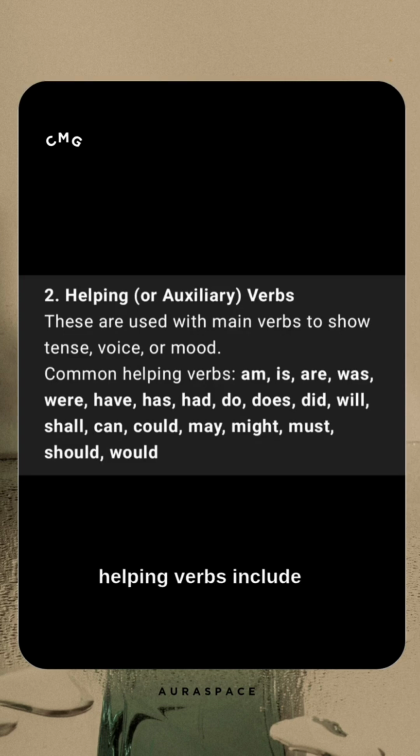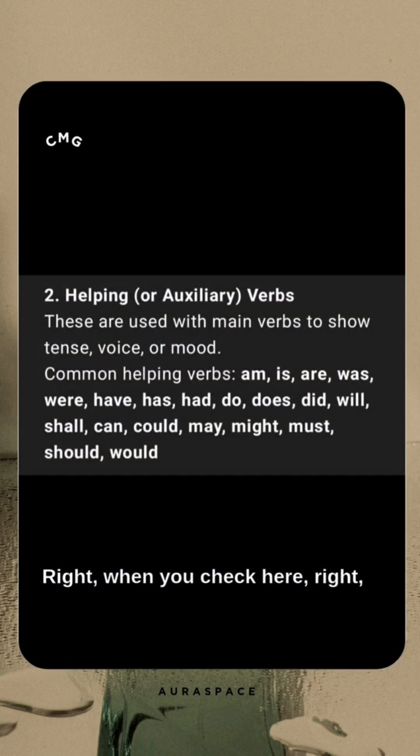Common helping verbs include am, is, are, was, were, and then we have has, had, does, did, will, shall, can, could, may, might, must, and then should and would.